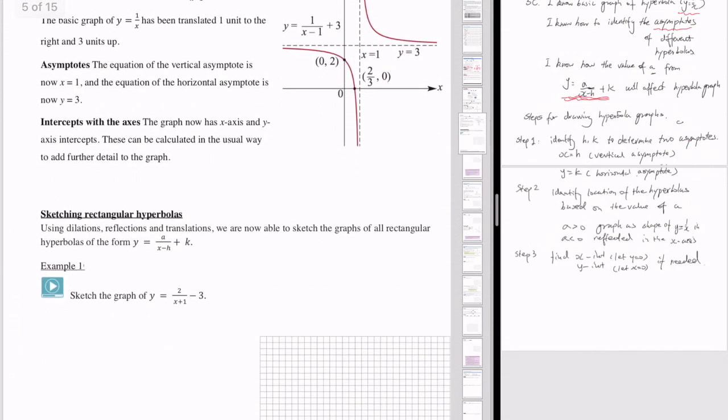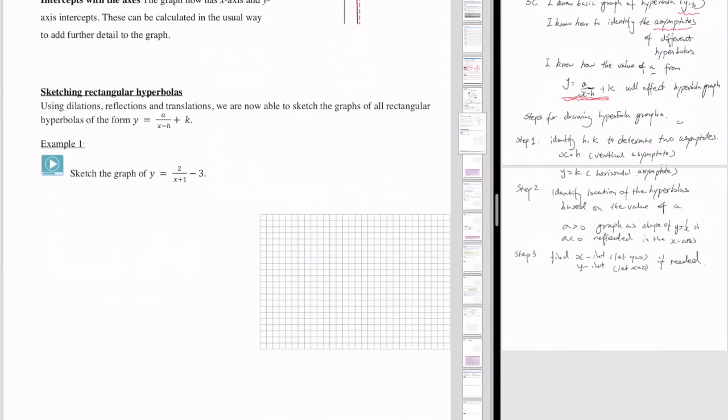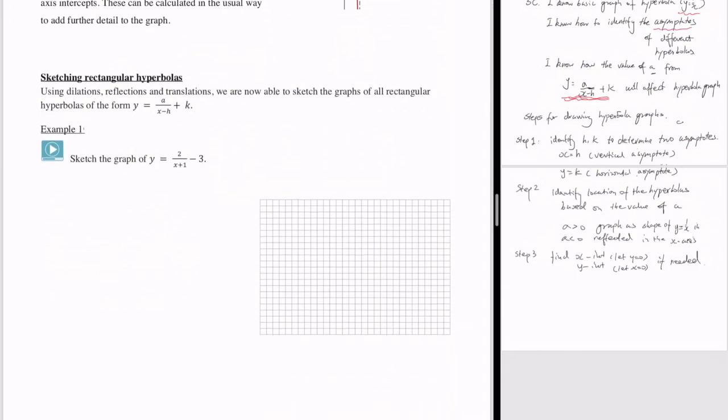What I want to do now is, if you look at the right hand side of the screen, I give you a few steps for drawing a hyperbola. Step 1, you need to know how to identify h and k. I know you probably learned in quadratics that h and k are the turning point of your quadratic.